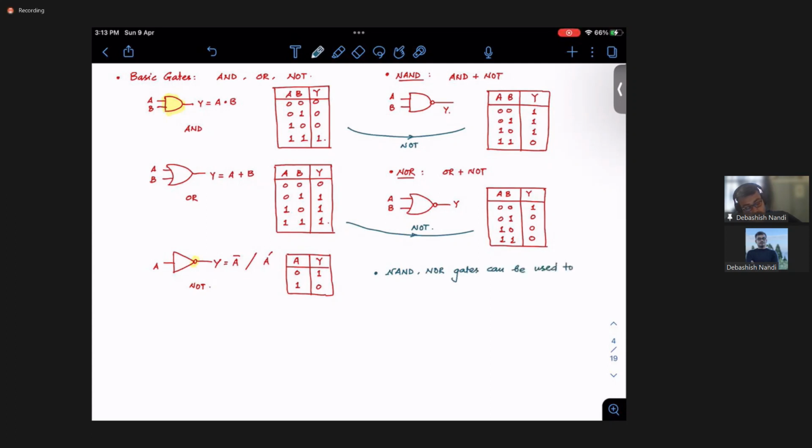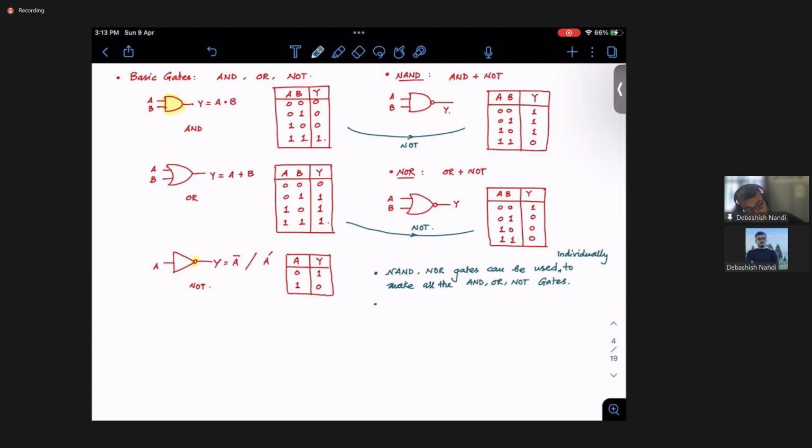can be used individually to make all the basic gates. That means AND, OR, NOT gates, right?